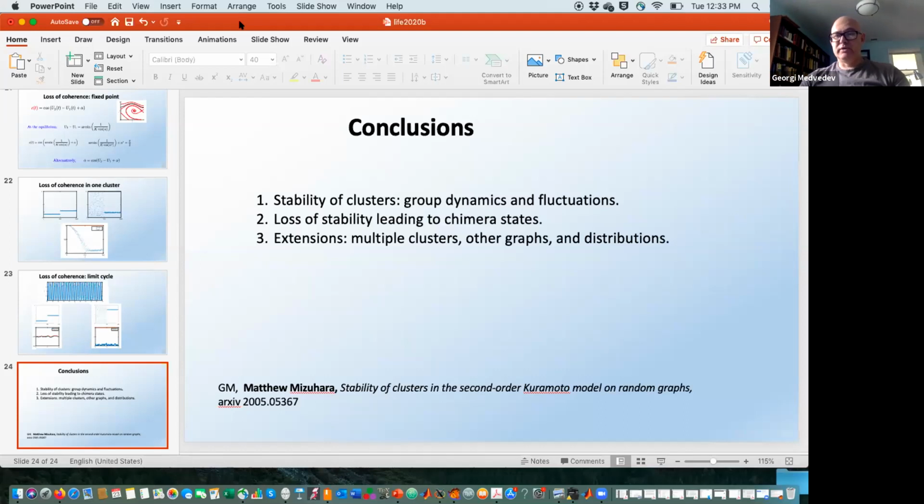I mean, the framework works well for more clusters, but getting more detailed information is harder. We were able to analyze certain 3-cluster states, but when one moves to 4 clusters, it becomes more difficult. Okay.